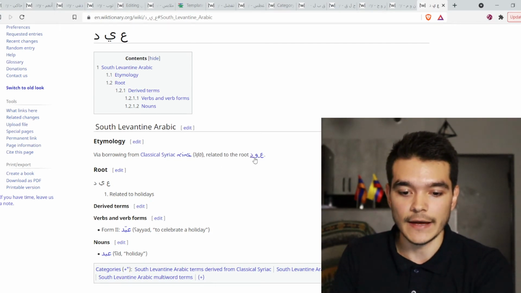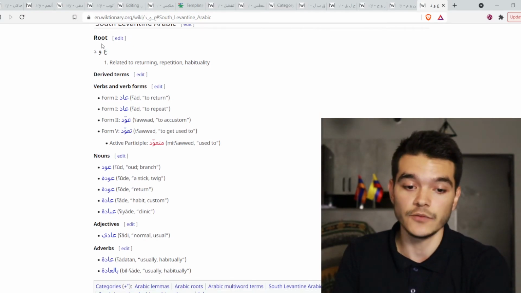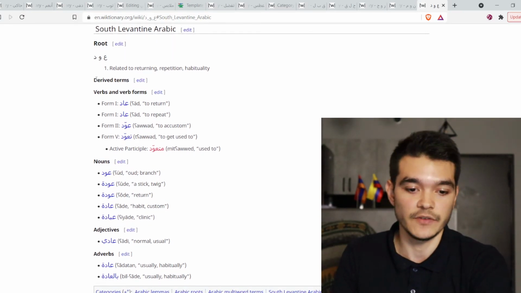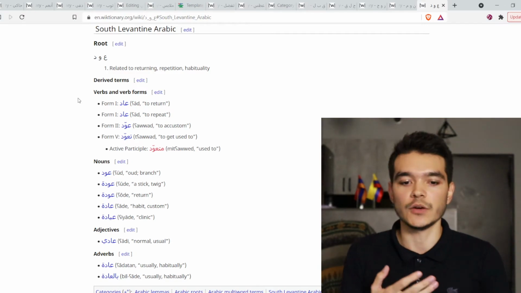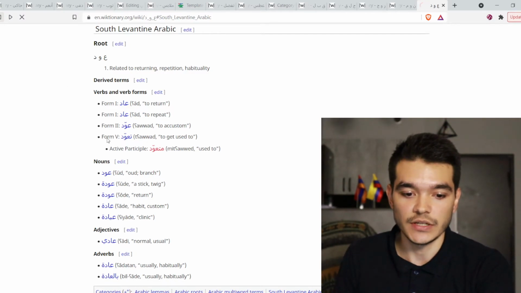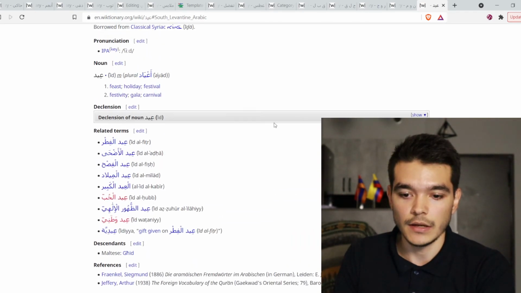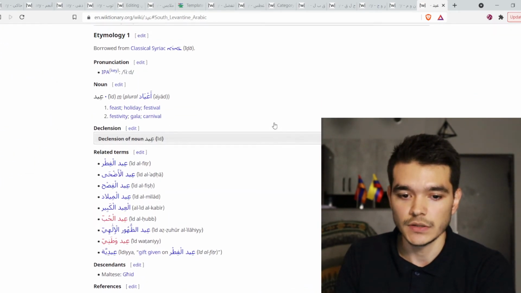And why is that? Well, if we look at the root Ain Waw Dal, we actually have a ton of words with this root because it's a very productive root, which has to do with like returning or repetition and something like that. Now, as it turns out, if you actually go to the entry for Eid, first of all, the Fosha page doesn't list a root.